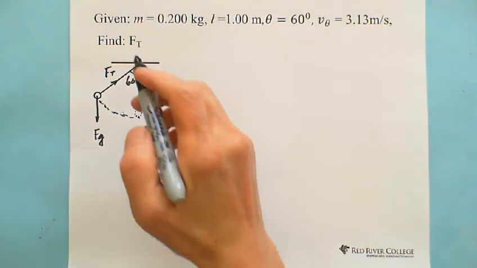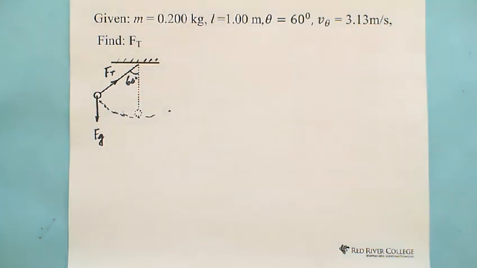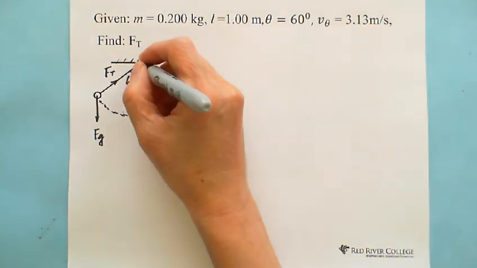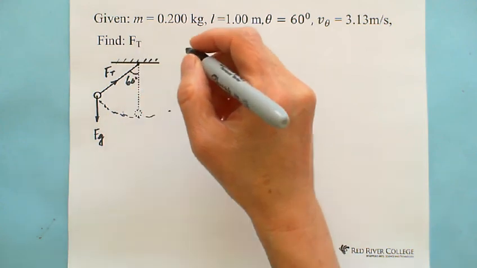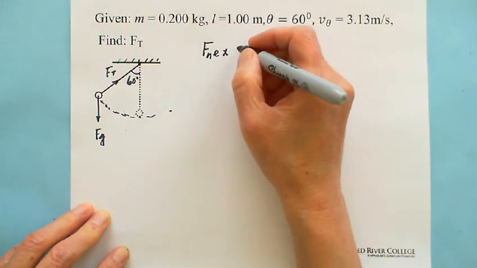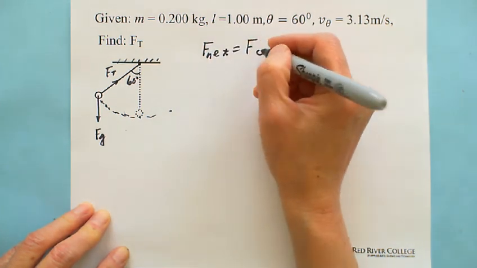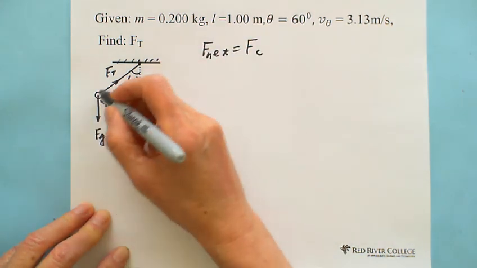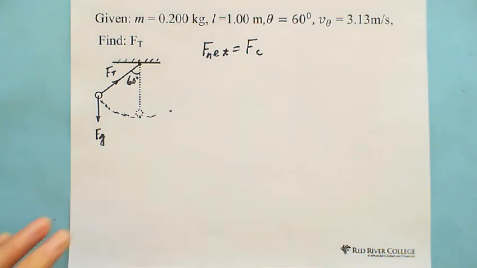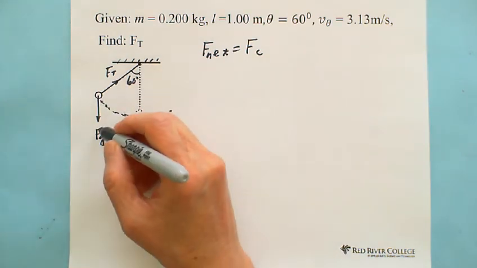The centripetal force always points to the center, so we need the net force in the direction pointing to the center, because the tension already points to the center, but Fg does not.